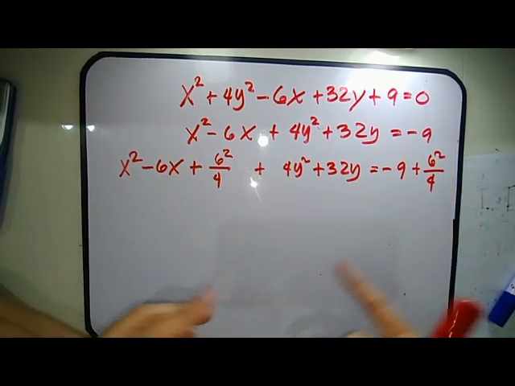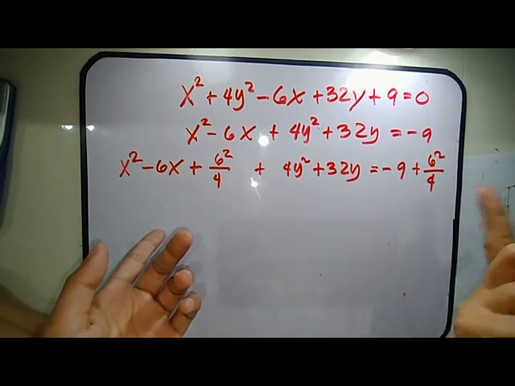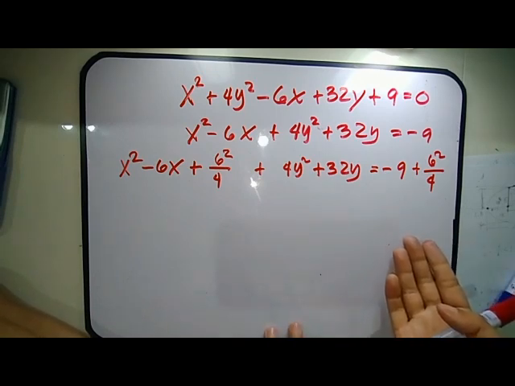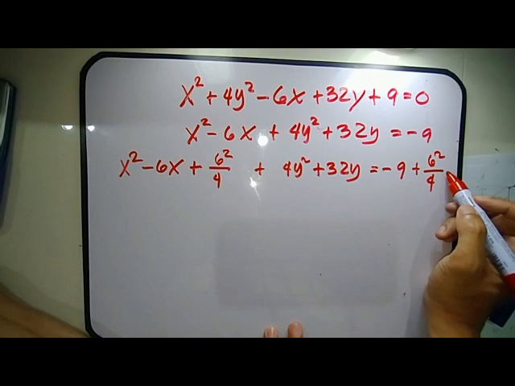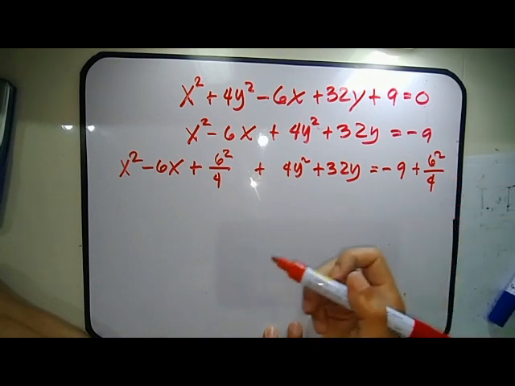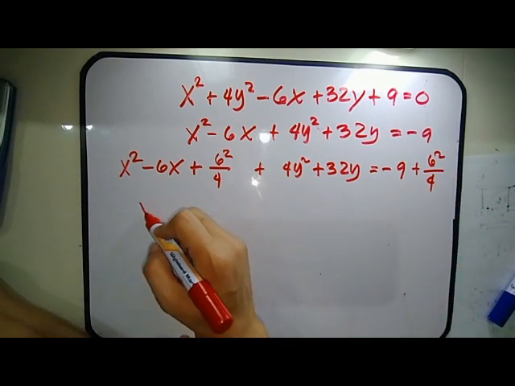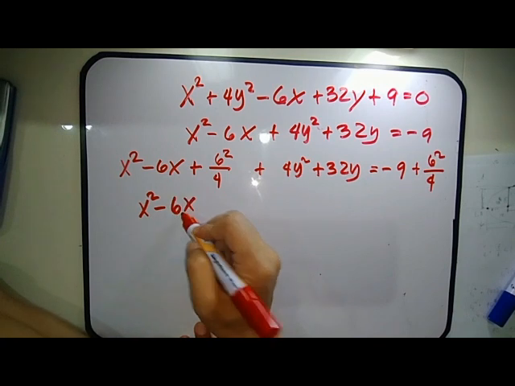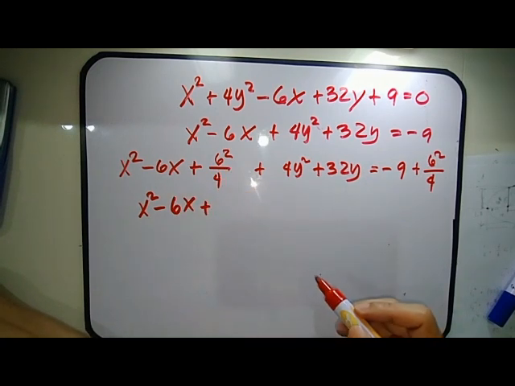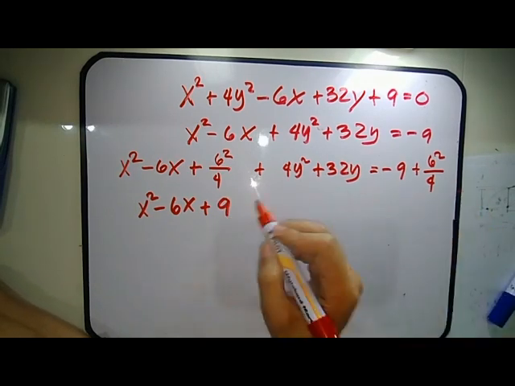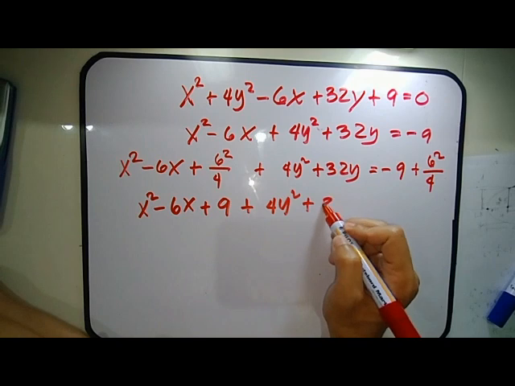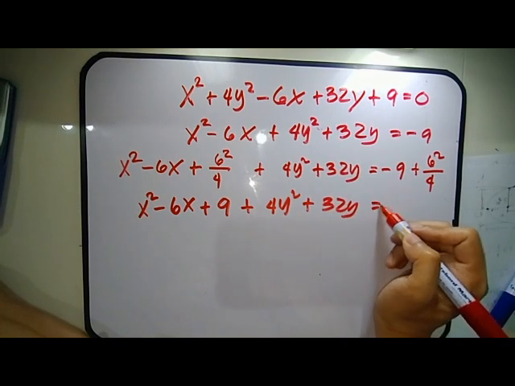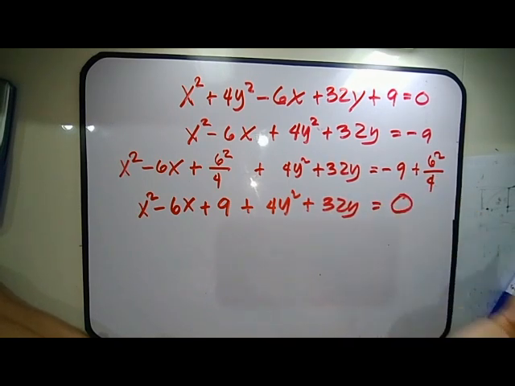Add to both sides. Don't forget to add on the other side. That is the usual mistake of students, they always forget the balancing. So you have x squared minus 6x plus 6 squared divided by 4, that is 36 divided by 4, so 9, plus 4y squared plus 32y equals negative 9 plus 9, so 0.